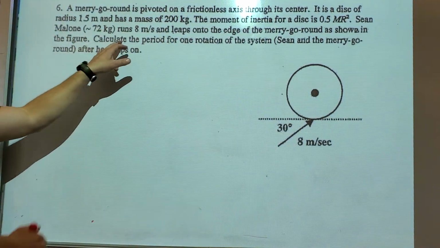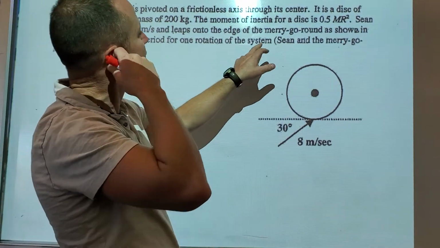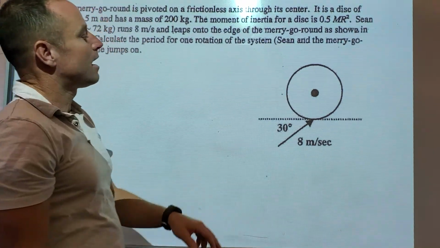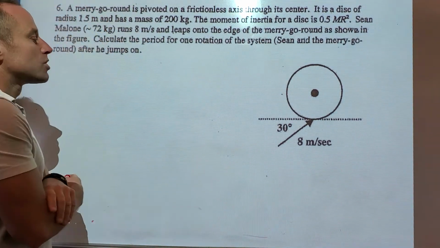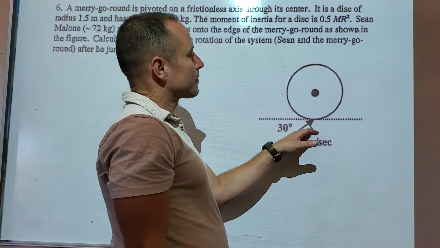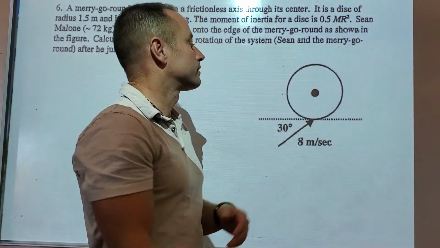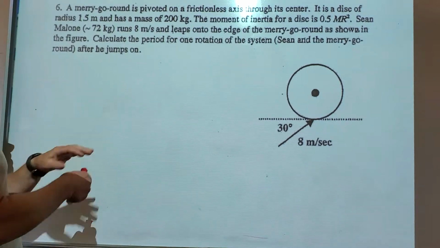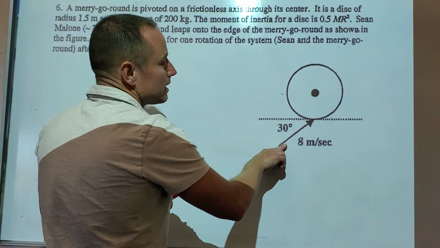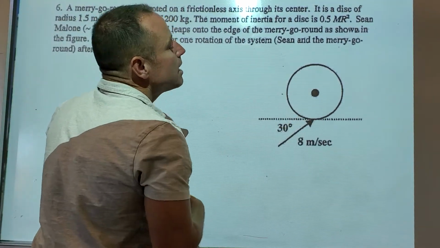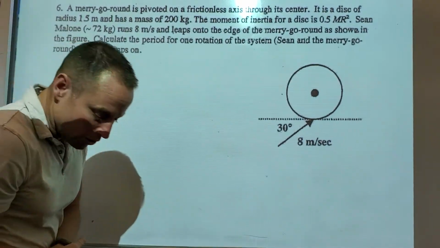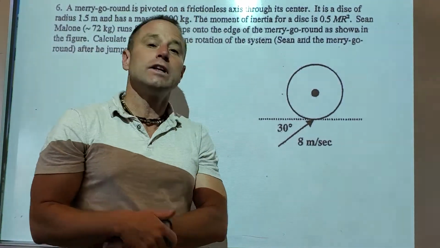So what we're supposed to do, it says calculate the period for one rotation of the system, Sean and the merry-go-round, after he jumps on. So this is the rotational version of a collision, okay? What's going to happen is Sean comes in and leaps onto this thing. Now, normally in a collision, you can conserve linear momentum, right?